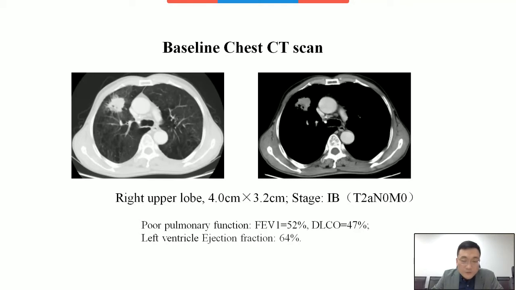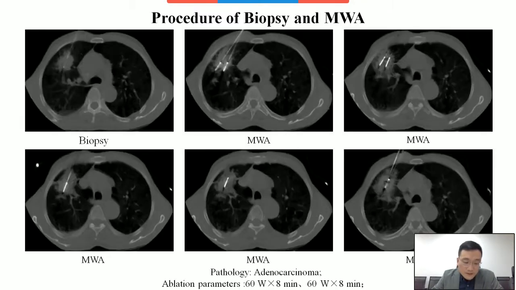So we performed lung biopsy and microwave ablation simultaneously. Here we show the detailed procedures of the treatment. After lung biopsy, double microwave antennas were inserted into the lesion to complete the ablation.